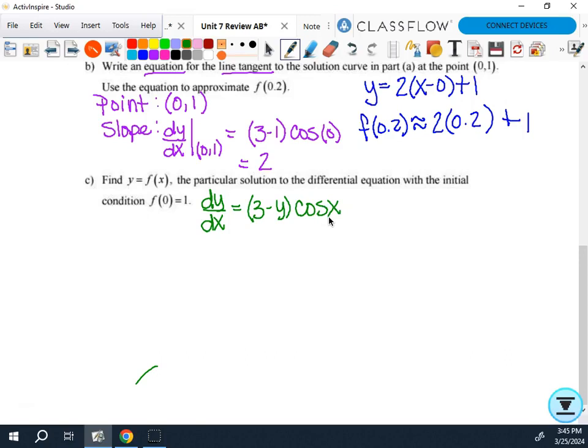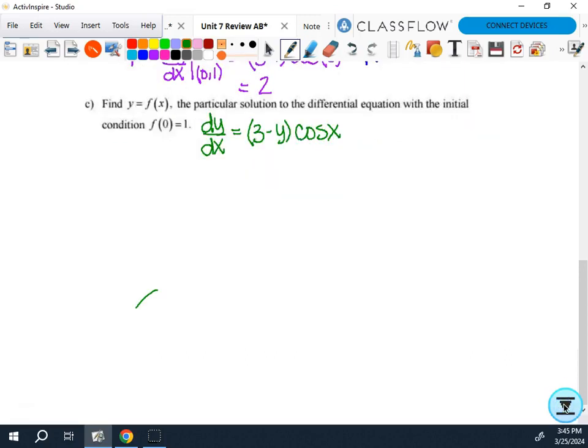Okay, so I need to separate and integrate. When I do that, I'm going to get 1 over 3 minus y dy equals the cosine of x dx. Okay. Then I'm going to integrate both sides.